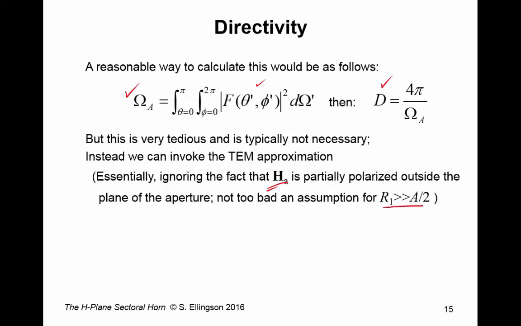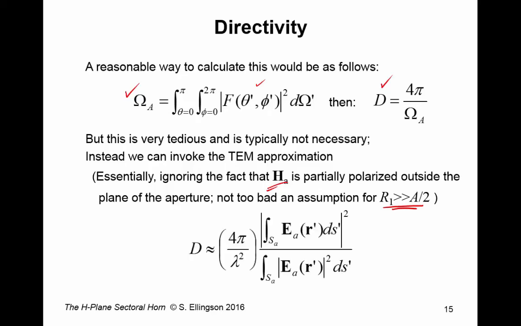As long as R1 is much greater than A over 2, it's not such a bad thing to do, at least in terms of directivity. I'm not sure it's such a good idea for pattern. In any event, the expression to use is this one, which we've undoubtedly talked about in a previous lecture. You can compute the directivity under these assumptions as being 4 pi over lambda squared times the ratio of these integrals.